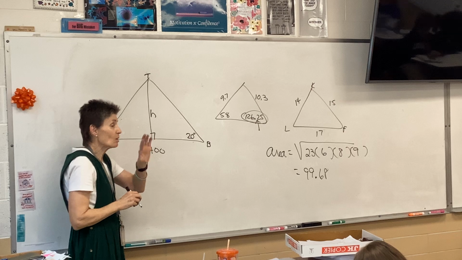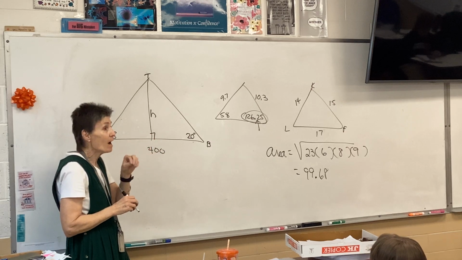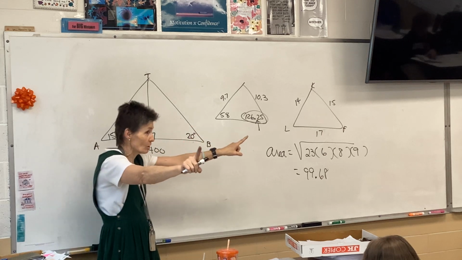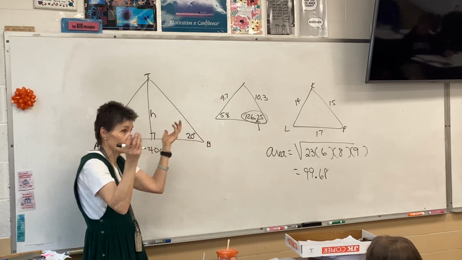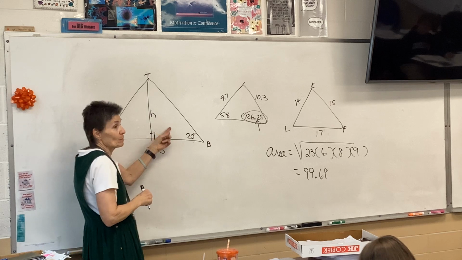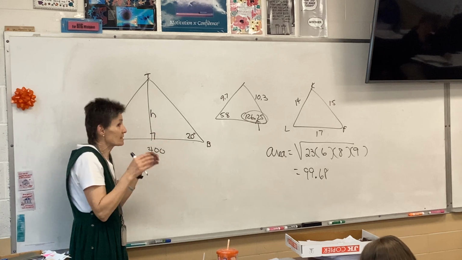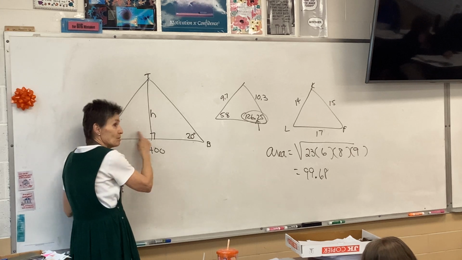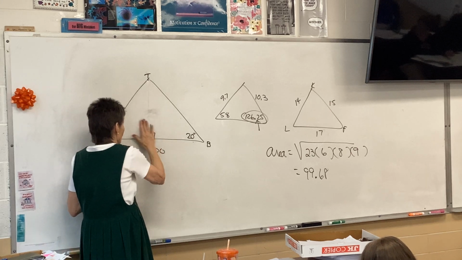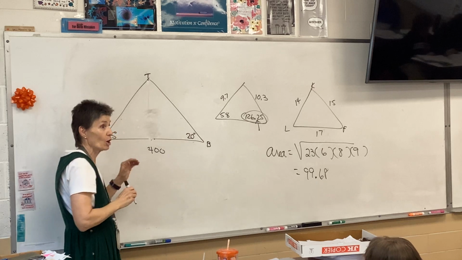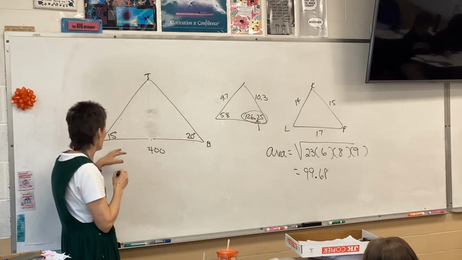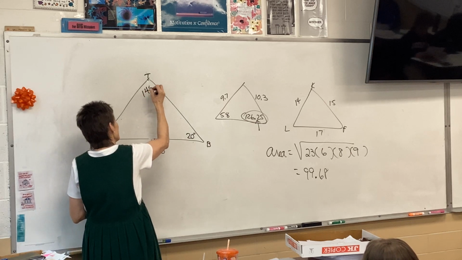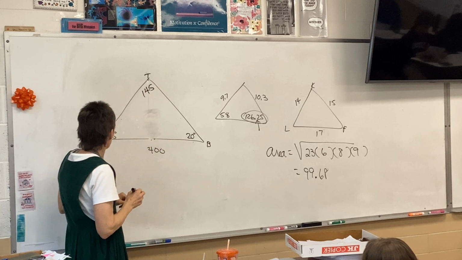But having all three angles is not enough to solve the problem. Can't use law of sines or law of cosines if all you got is angles. Would you agree with that? Same thing with this one. So there is not enough information in the problem to use either one of these small ones. So right now, I am gonna have to go with the big triangle. I know that this angle up here would be what, 145, did I add right?